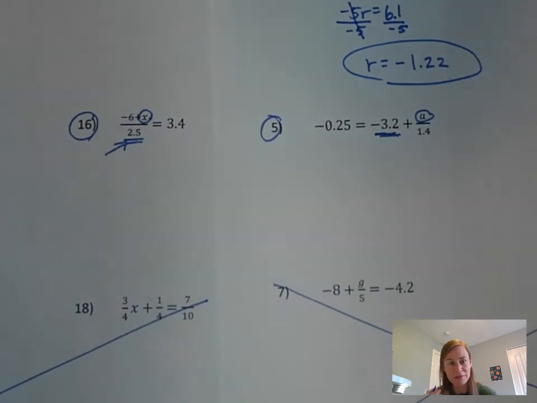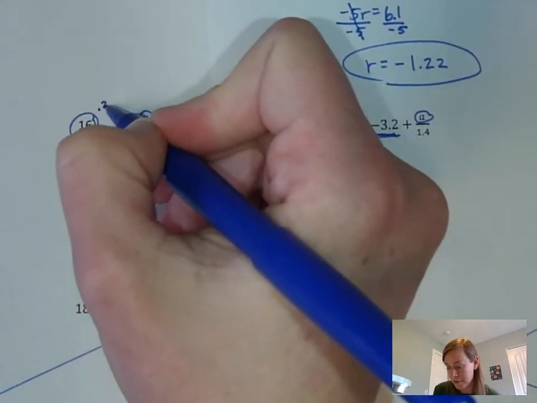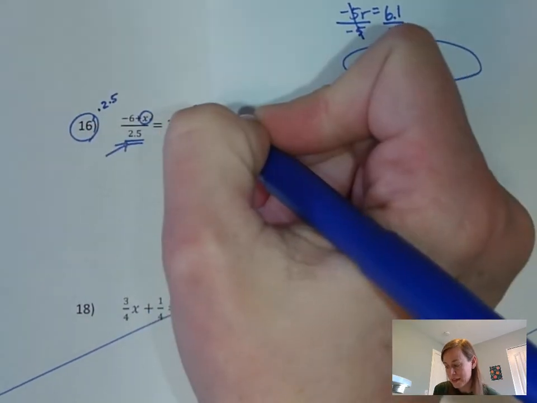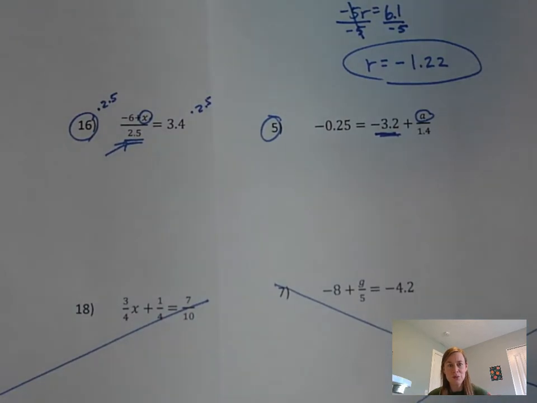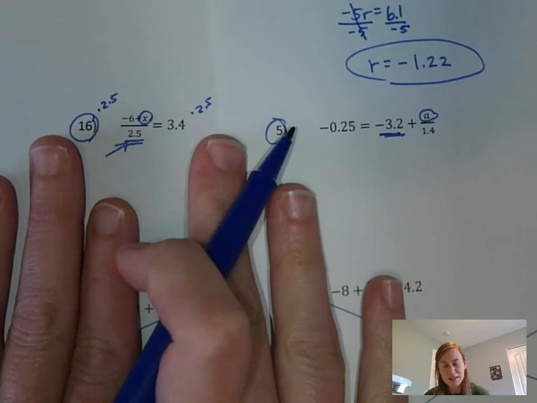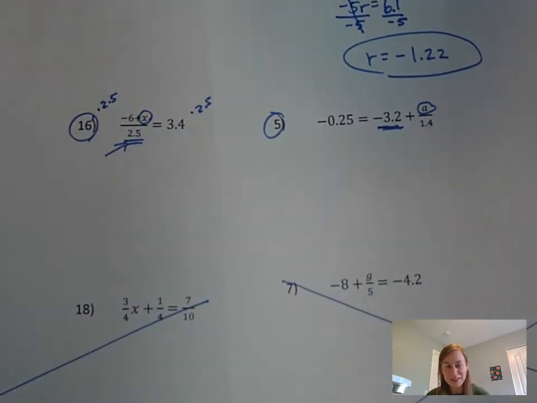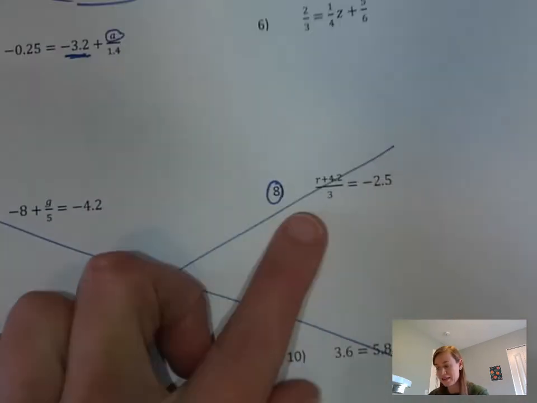Right now we are dividing by 2.5, so you're going to get rid of it by multiplying by 2.5 on both sides. And then after you're done with that, you can get rid of the -6. I'm not going to solve this problem all the way for you because I want you to have something left to do, but I will show you another example that's extremely similar to number 16, which is number 8.